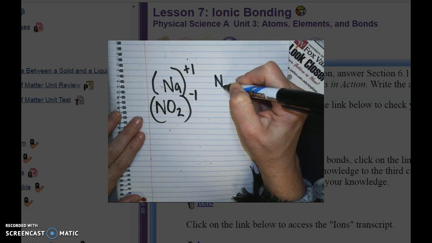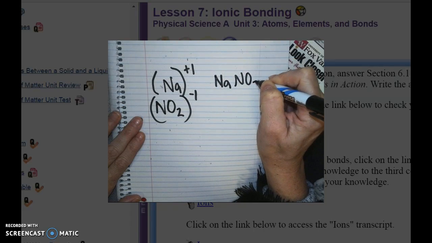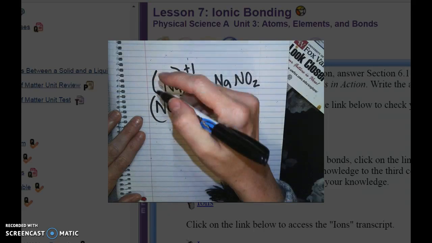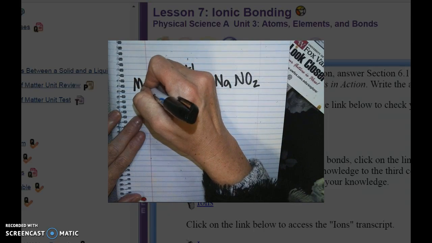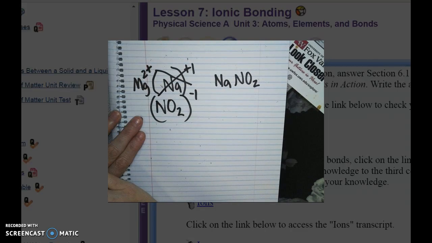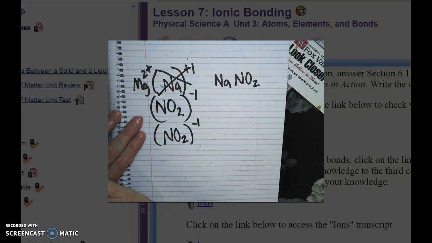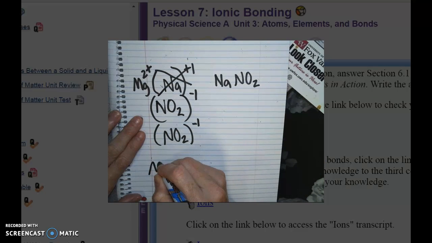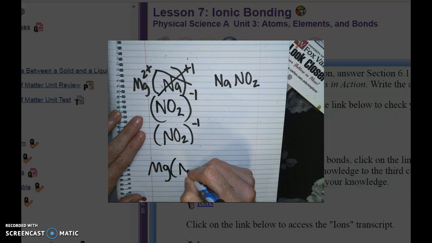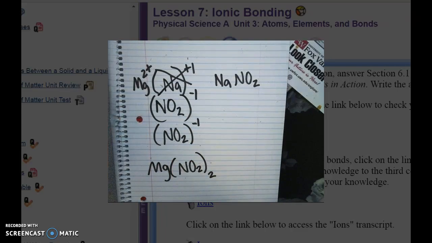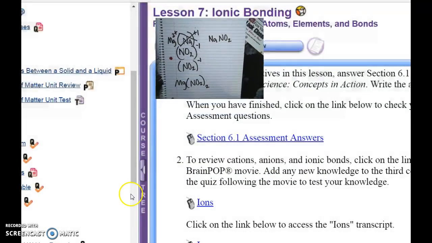So this would be written NaNO2, sodium nitrite. Okay? Let's say instead of sodium, we used magnesium. Then we would need 2 of these nitrites in order to balance. And that would be written magnesium nitrite with a subscript of 2. So that's a little more complicated. These are the polyatomic ions. I said I would briefly cover them, and I'm not going to cover them much more because I don't want that to be too much information.